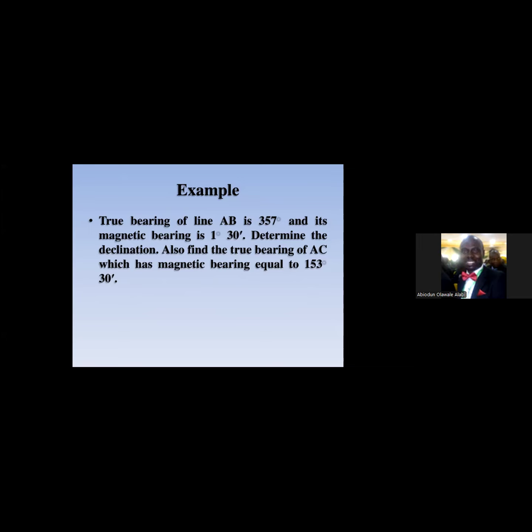Determine the declination. So this one we want to compute the declination. Also find the true bearing of AC, which has a magnetic bearing equal to 153 degrees 30 minutes.